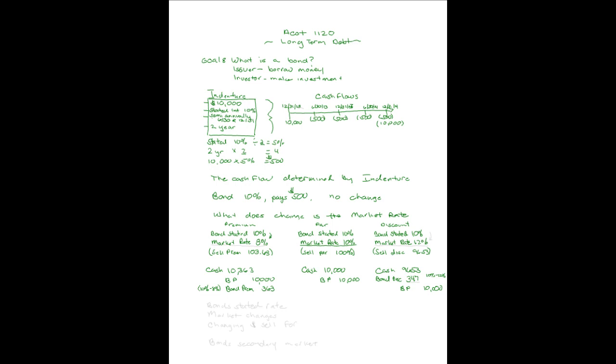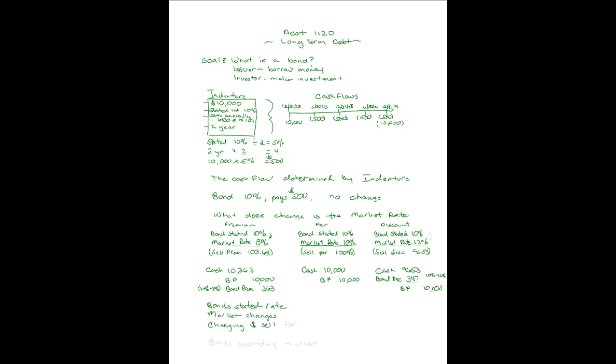So that's an interesting thought. You know, here's the deal. Bonds have a stated rate, and it can't change. The market changes. And the way that we can still sell bonds is by changing how much we sell them for.